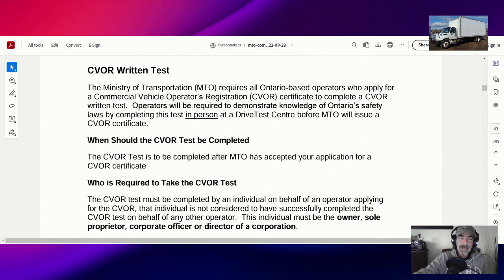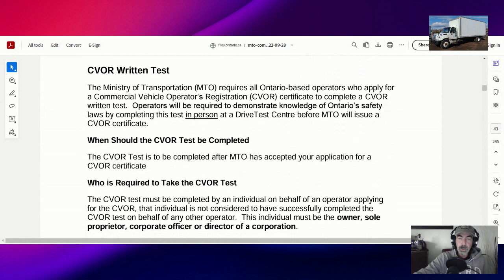CVOR written test. The Ministry of Transportation, MTO, requires all Ontario-based operators who apply for a commercial vehicle operator's registration CVOR certificate to complete a CVOR written test.